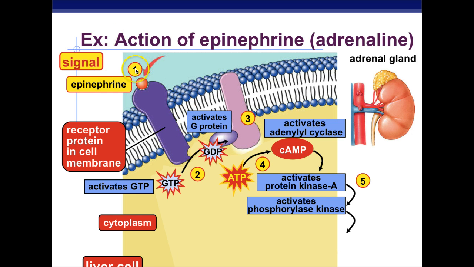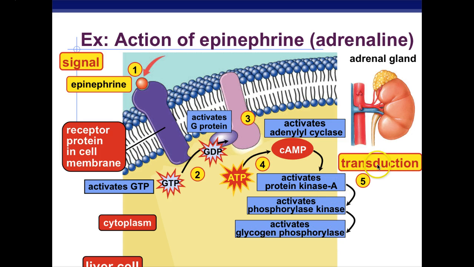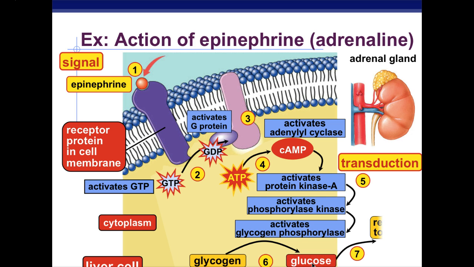Basically, what's happening is the reception of the signal is activating a series of proteins within the cell, which we call transduction. So this activation of a series of proteins within the cell is transduction, which finally leads to a response. And in this case, the response is it's going to cause the polysaccharide glycogen to be broken into glucose. And then this glucose will be released into the bloodstream.